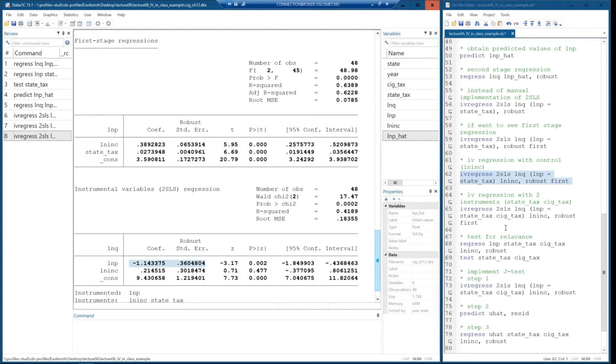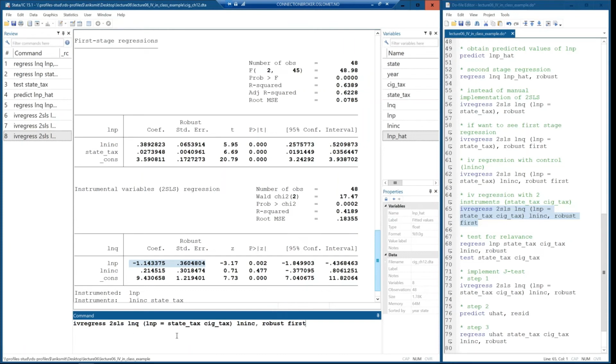And one possible instrument would be the cigarette tax, which is specifically on tobacco products. So this cigarette tax is specific for tobacco products, whereas the state sales tax is for all products.